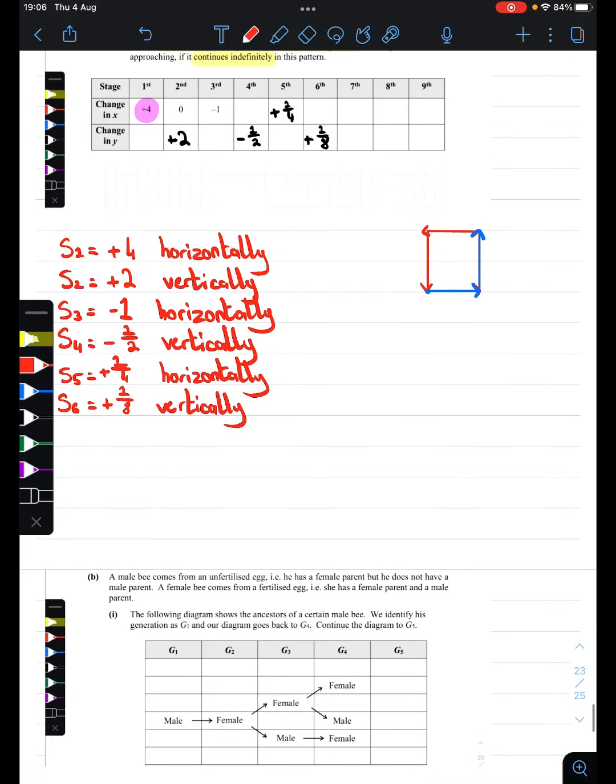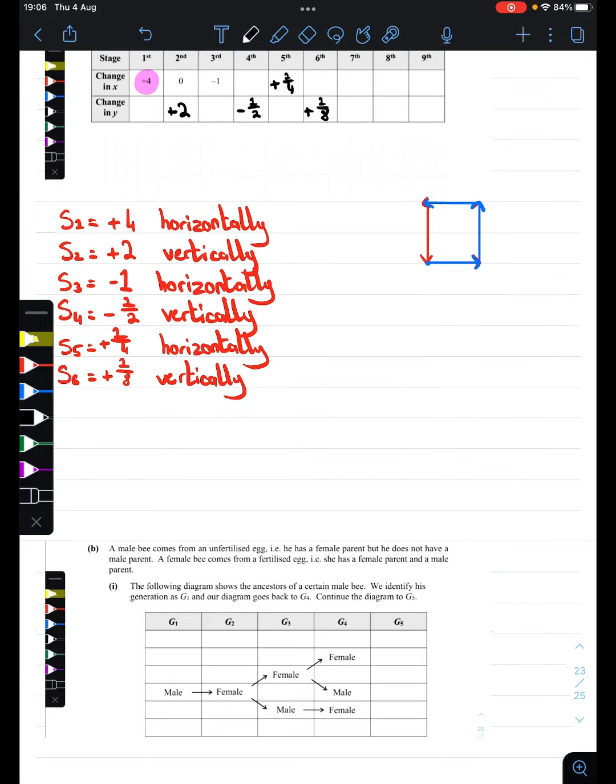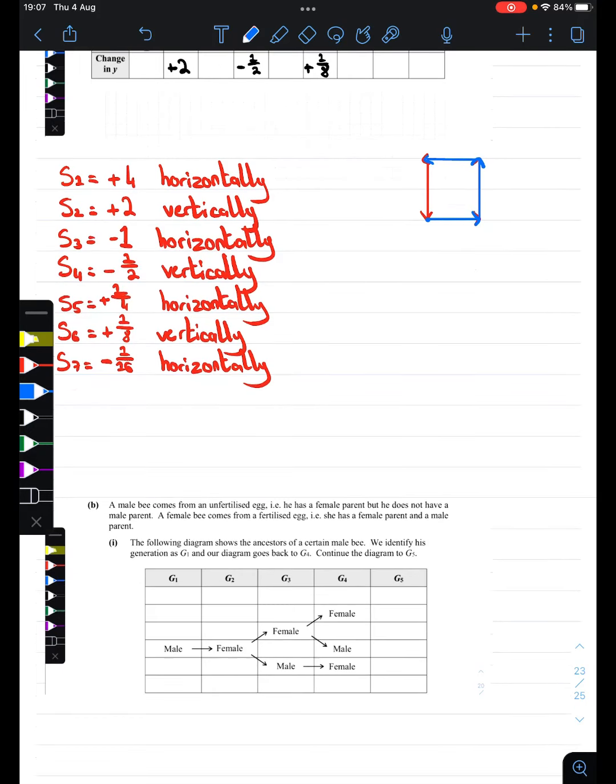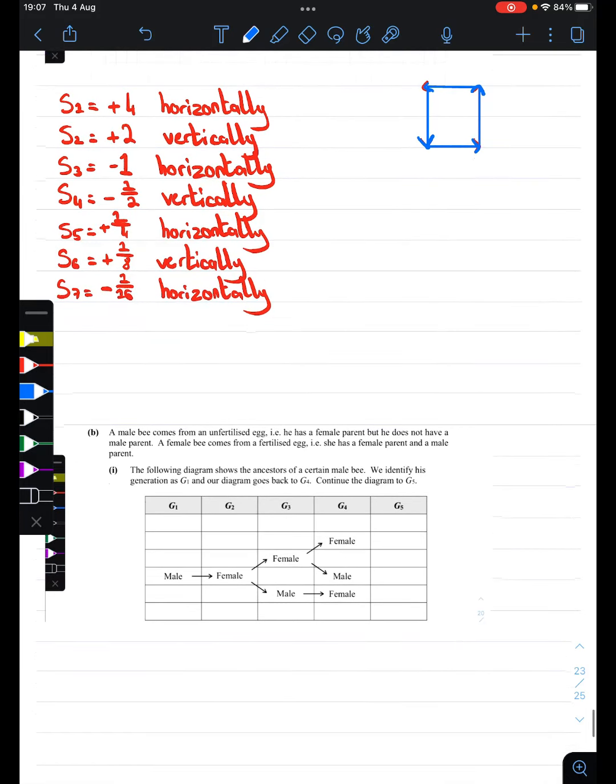Then he travels to the left again. So now he's traveling left half of 1/8, which is 1/16. So S7 equals minus 1/16 horizontally. Then he turns left, and he travels half of 1/16, so 1/32 vertically, but downwards.